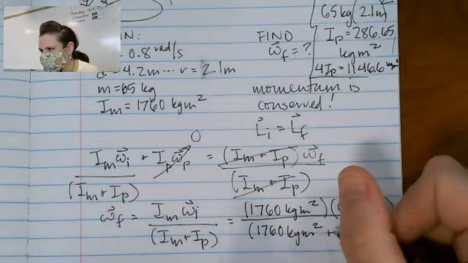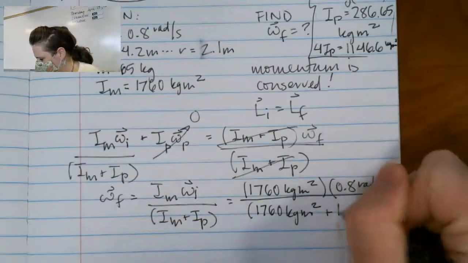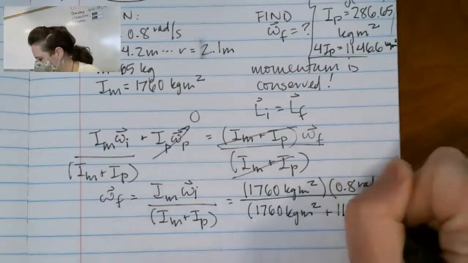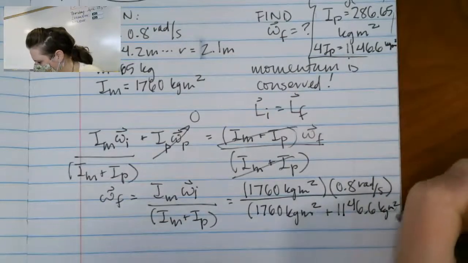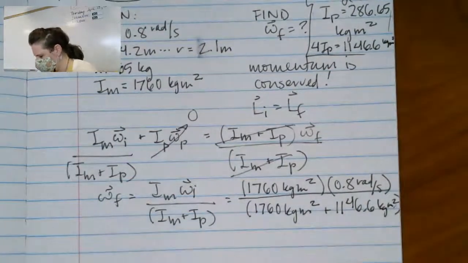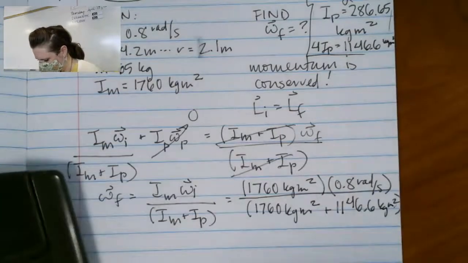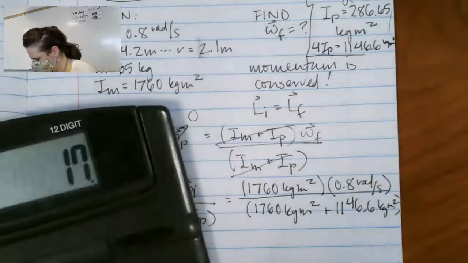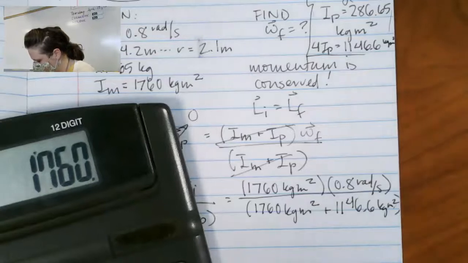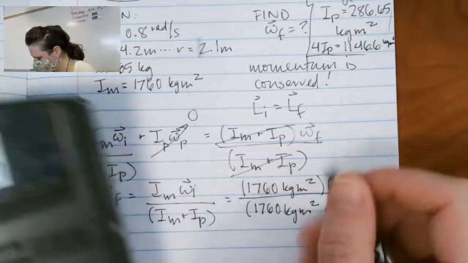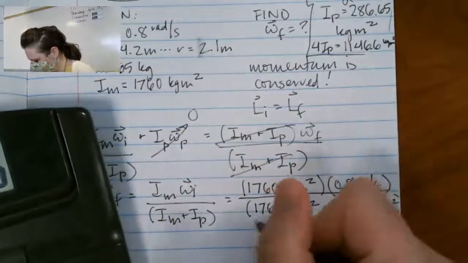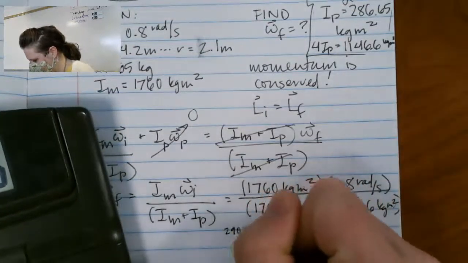I'm going to put down here at the bottom, 1,146.6 kilogram meters squared. Now, I just have another calculator problem. So I'm going to go ahead and do that: 1,760 plus 1,146.6 equals 2,906.6.